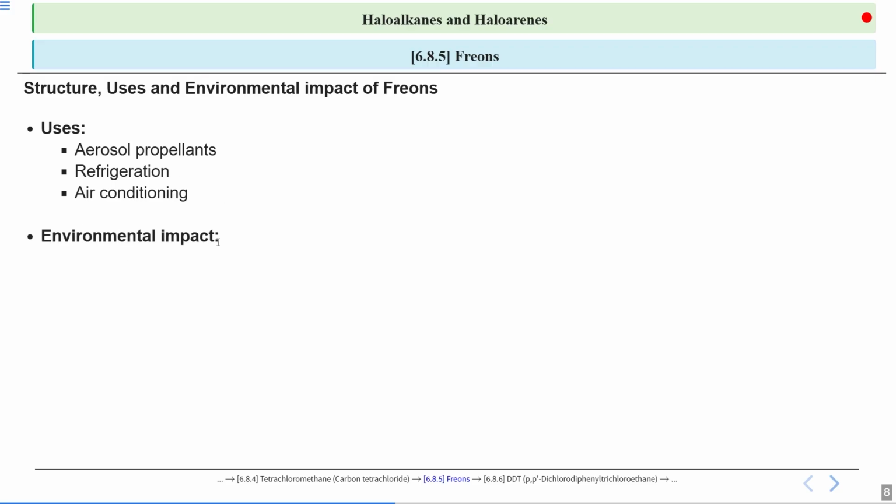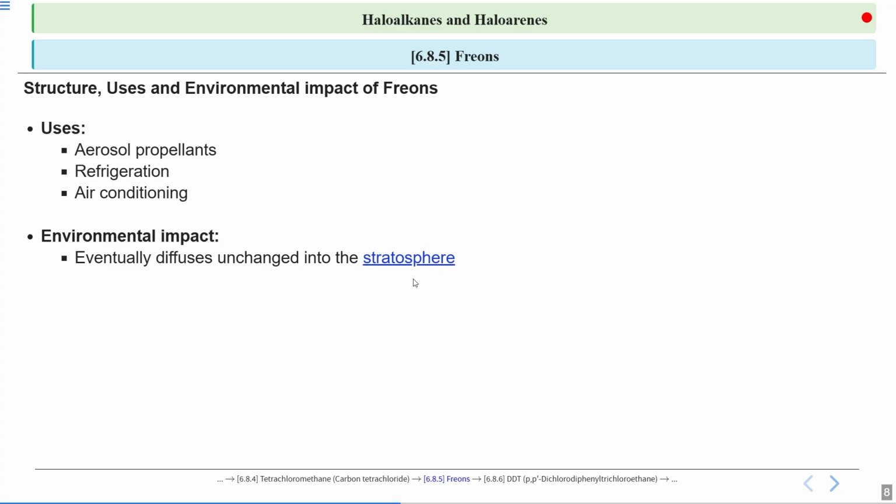What is the environmental impact? If freon is released into the environment, what is its impact? Eventually it diffuses unchanged into the stratosphere. The stratosphere is the layer just above the troposphere, and the ozone layer is in the stratosphere.